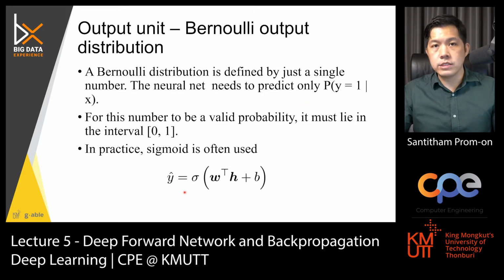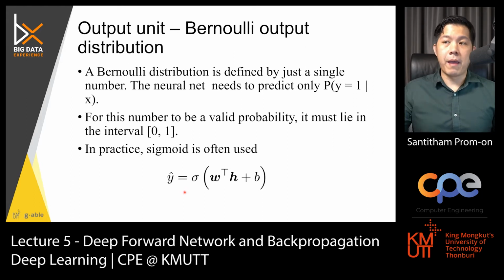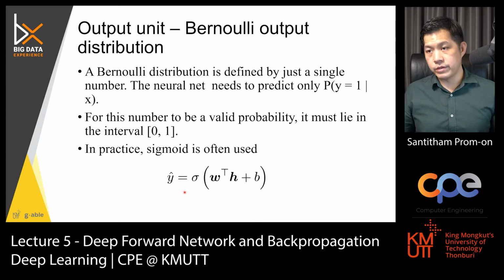Because sigmoid has the range of 0 to 1, we can now transform the linear output to a probability output. And that's it. We have the output as the probability, and then we can match it using the binary cross entropy to train the model.